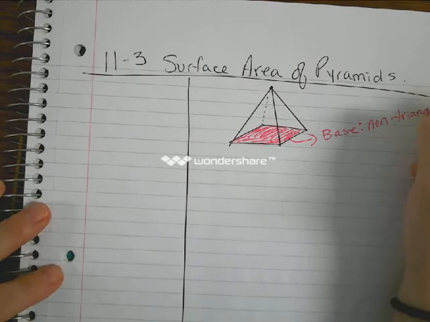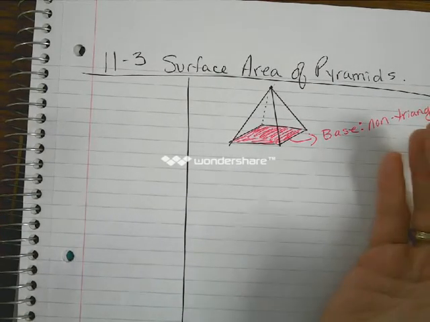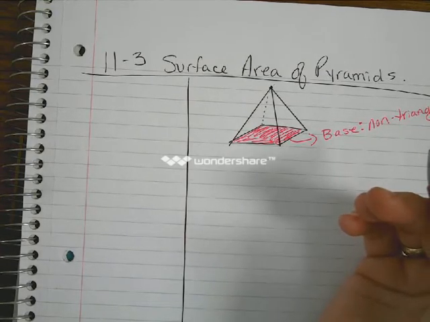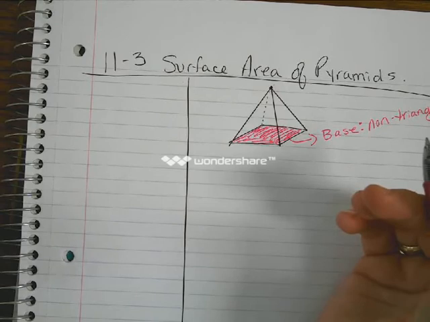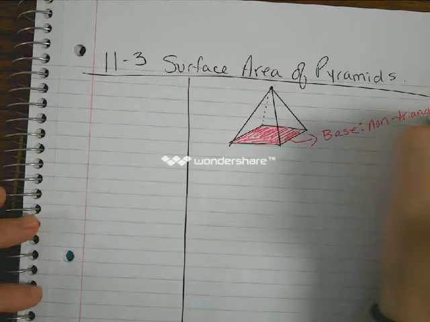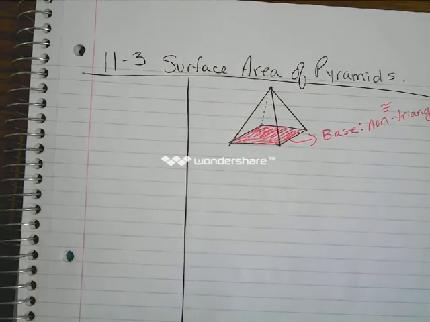If one of the triangles is different than the other three, then the one that's different is going to be your base. It's possible for all of them to be equal, in which case you could pick any of them as your base. So we'll say non-triangle, non-congruent triangle, just in case they're all triangles. These are your lateral faces.